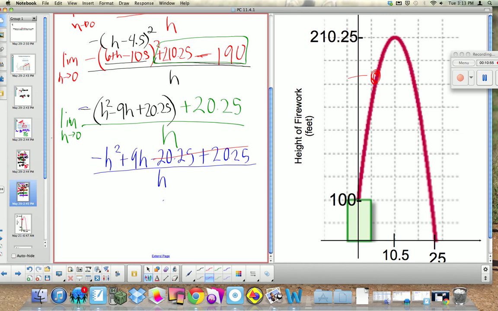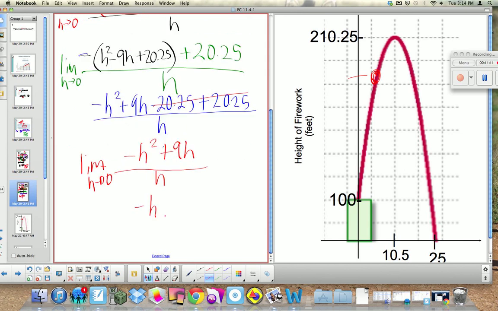And now we're ready to do the simplifying step. Negative h squared plus 9h, all over h, limit as h approaches 0. Last but not least, simplifying, I'm going to get negative h plus 9. The h on top is gone because we simplified, but we're still taking the limit.